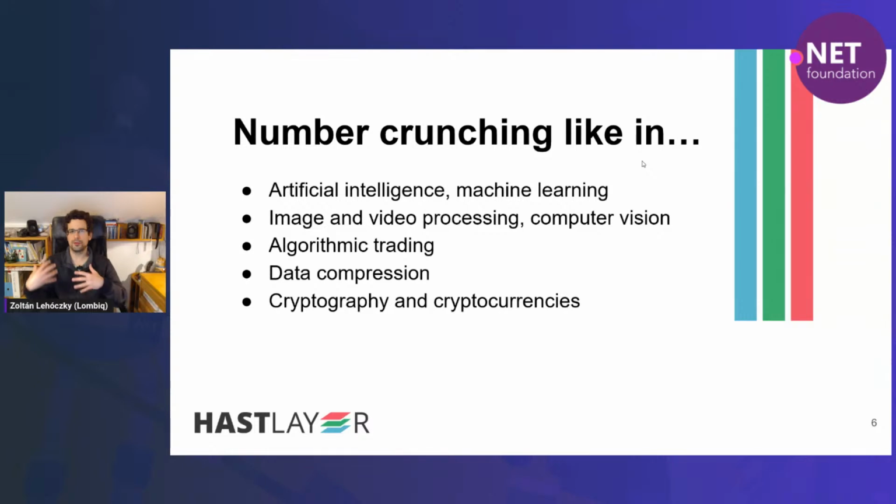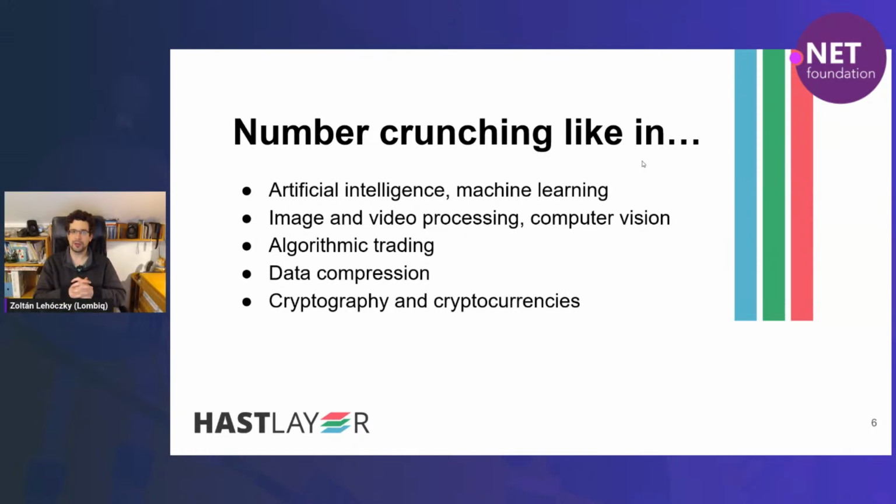Or your software is doing something perhaps with images or videos, perhaps in an embedded system like a robot, where it's more about computer vision. Or perhaps you work in finance and your software is doing some algorithmic trading on the stock market. And there, every microsecond counts. We are talking really about microseconds, where in .NET usually we think in terms of milliseconds at most.